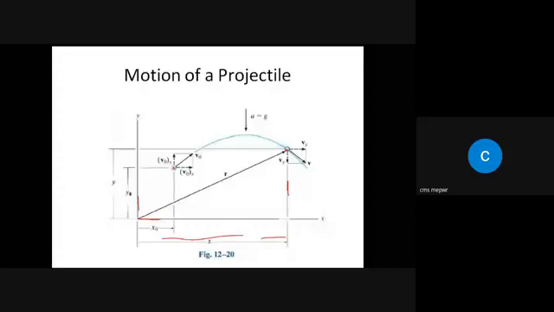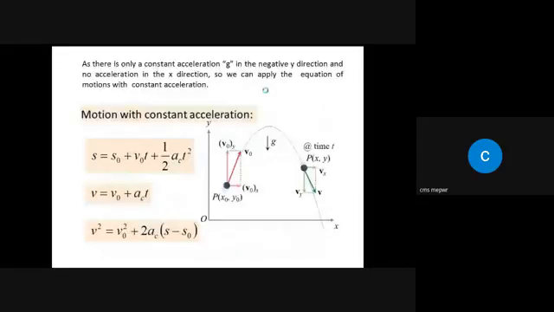The only force causing the changing velocity is the gravitational force. As there is only constant acceleration g in the negative y direction and no acceleration in the x direction, because there is no force changing the motion in the x direction, there is only one force which is causing the acceleration in the y direction.